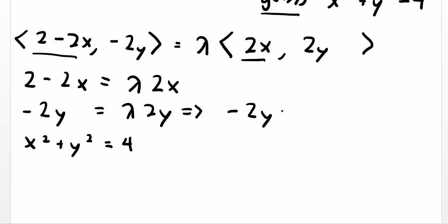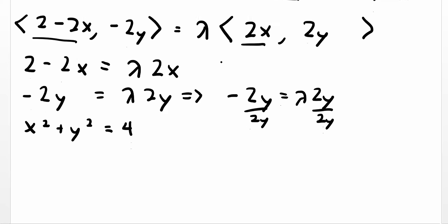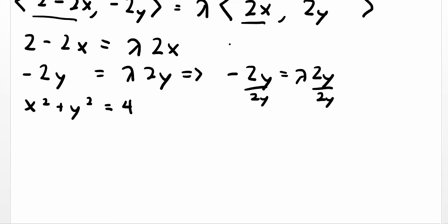Negative 2y equals lambda times 2y. So it's very easy to divide both sides here by 2y. But if we divide both sides by 2y, we have to consider the case that y could be 0. So let's see if it's possible for x to be 0, y to be 0, or both to be 0.